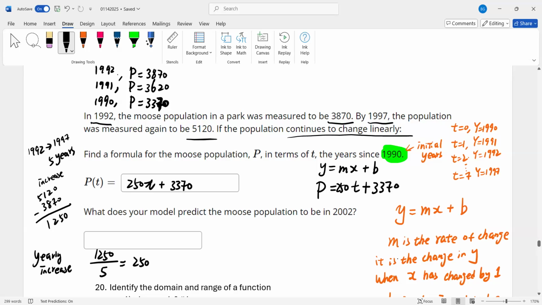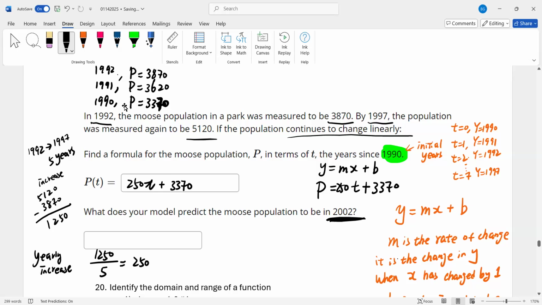And this situation is similar. Within a certain scope, we are able to use this linear model, this formula, to predict the population of the moose, which is the dependent variable y here, in the future. The future here is 2002. Compared with 1990, it is the future, right? So how do we find the population in 2002?